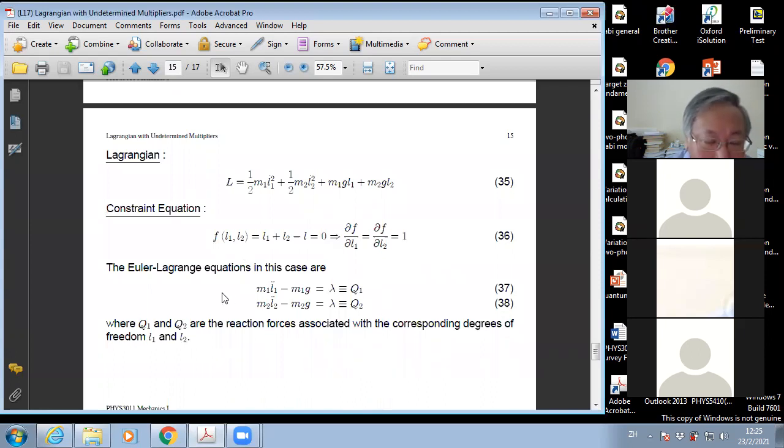Then the corresponding Euler-Lagrange equation of motion is given by this: M1 l1 double dot minus M1 g minus lambda equals 0. So we can move the lambda to the right hand side. And we can automatically identify the first equation as Q1 and the second equation as Q2, because ∂f/∂l1 equals ∂f/∂l2 equals 1. So Q1 and Q2 are the generalized forces, constraint forces.